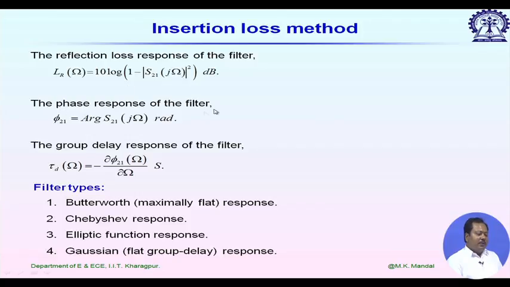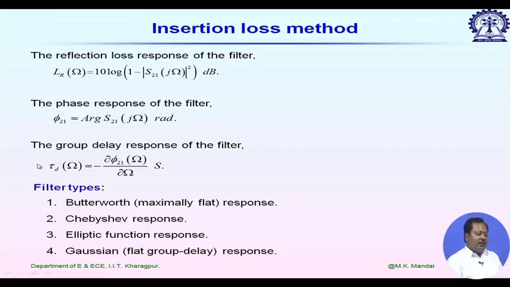The phase response of the filter phi from port 1 to 2 is equal to the angle of S21. Again, it is a function of frequency, and the phase response is very important particularly in wideband applications. Why? Because the slope of phase represents group delay.